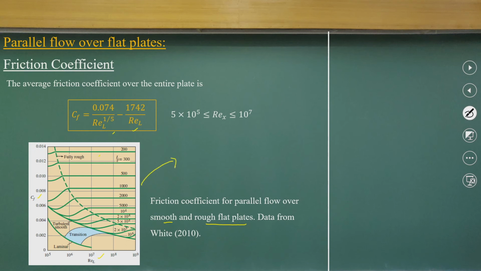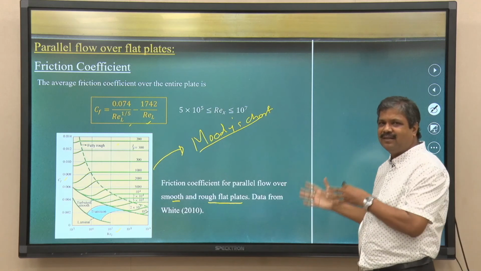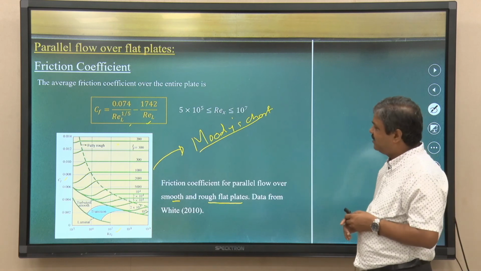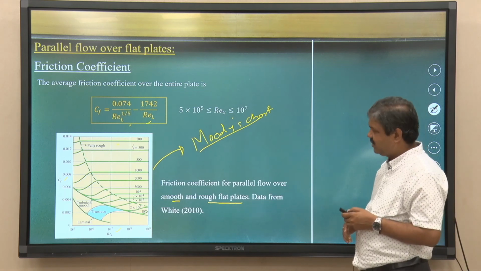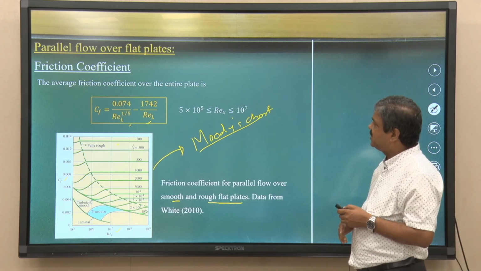This figure closely resembles the Moody chart. The concept is the same as we discussed in Moody charts, and the same way: roughness, Reynolds numbers, and the Cf values, which are the average friction coefficients.